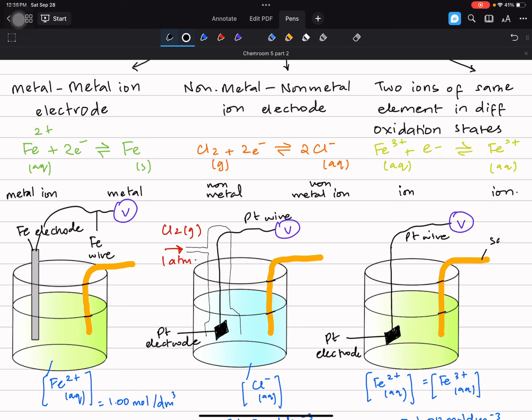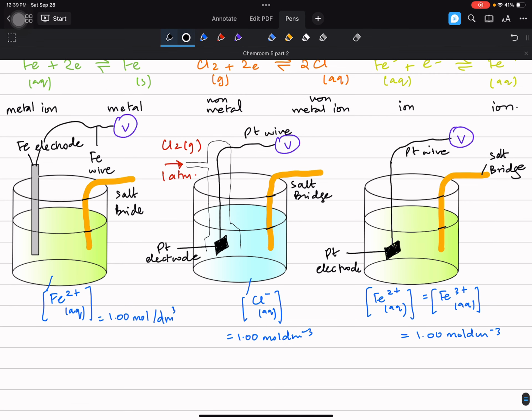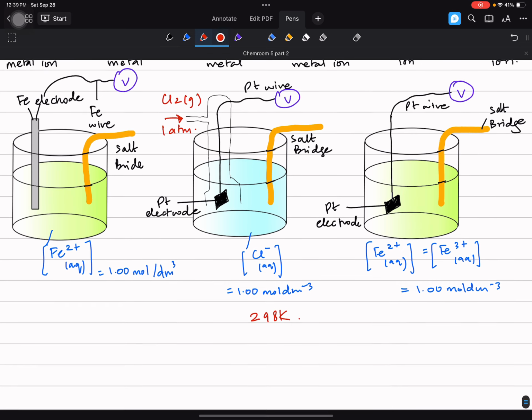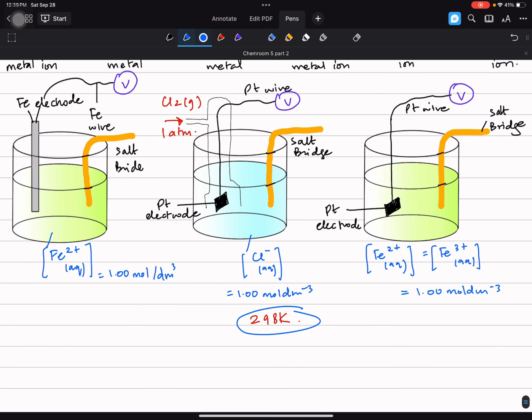These three are half cells, and you will connect a salt bridge, like on the left hand side I drew a salt bridge. The salt bridge and the voltmeter will be in the middle, and on the other side you will have standard hydrogen electrode if you want to make standard electrodes. 298 Kelvin is the temperature, and you can write it anywhere around your standard electrode diagram.